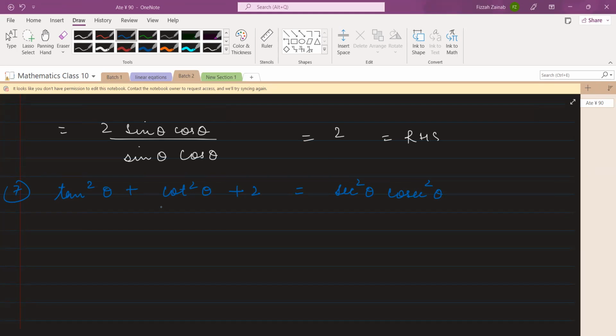Ma'am, it's sec square theta multiplied with cosec square theta. Yes, it is multiplied, okay?